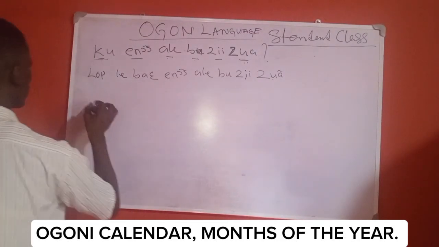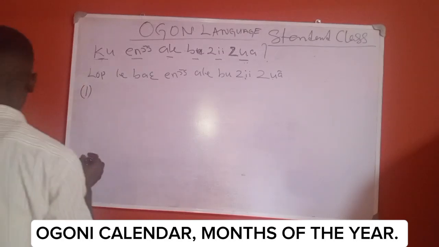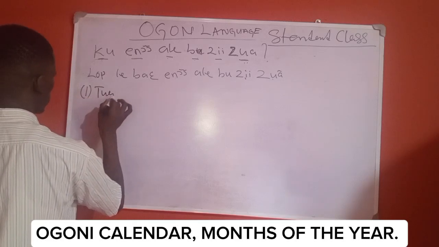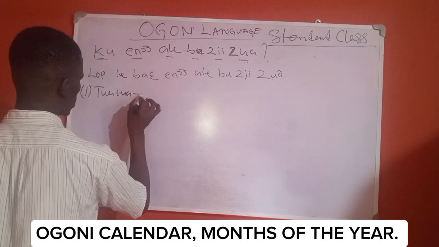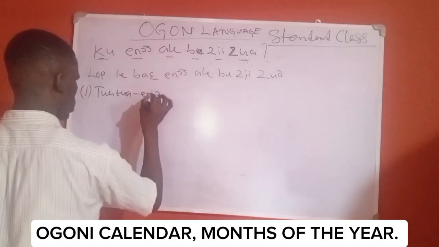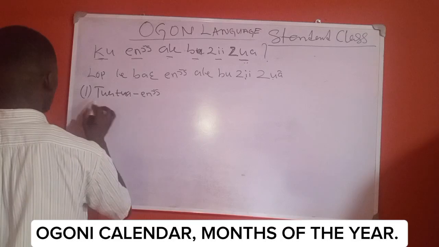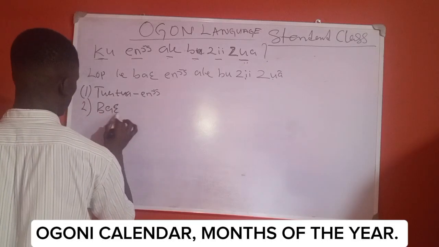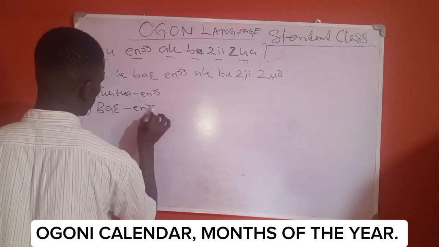So here we have number 1, January. January is number 1. Tua eno. Here we have 2, ba eno.